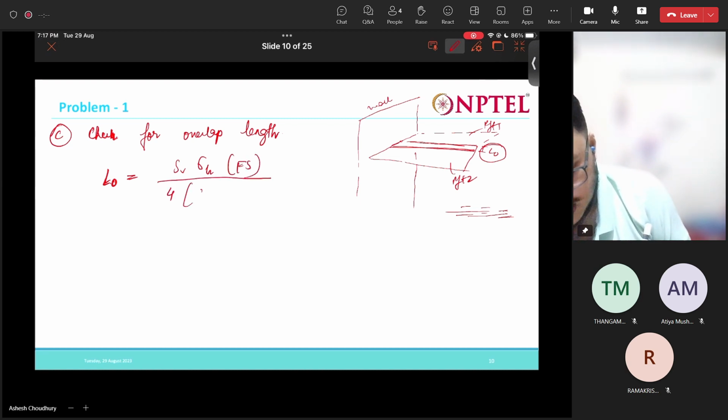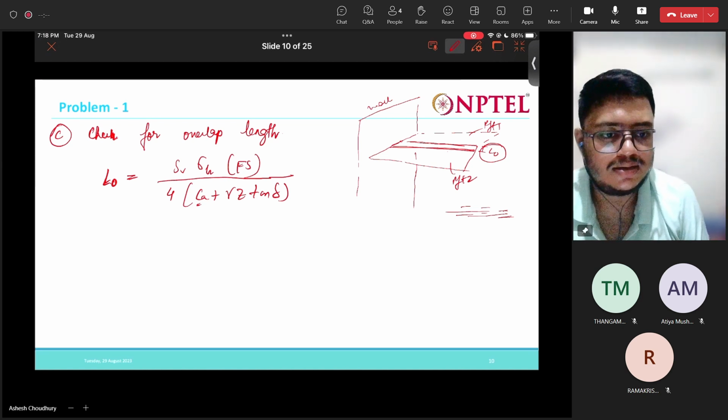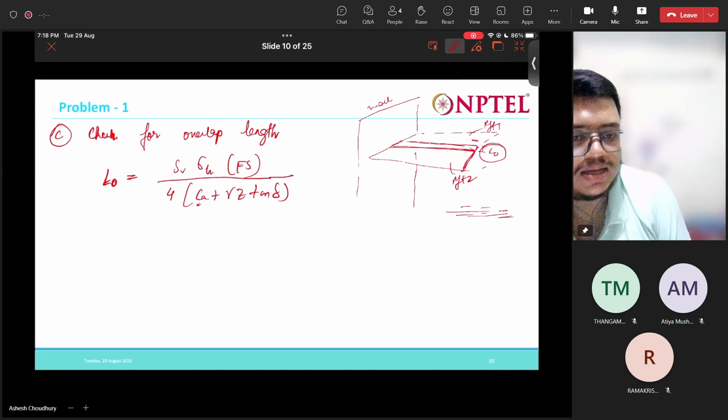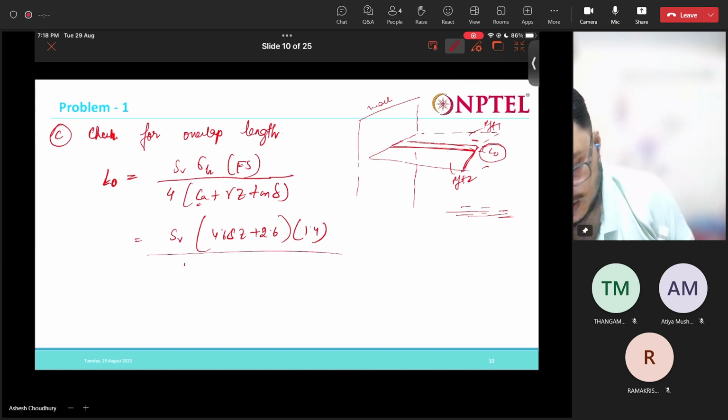It is 4 times c_a sec delta, and this c_a is nothing but the adhesion between the reinforcement layer and the soil, not between the two layers. So S_v into 4.68 Z plus 2.6 into 1.4 into 0 plus 18 into Z.